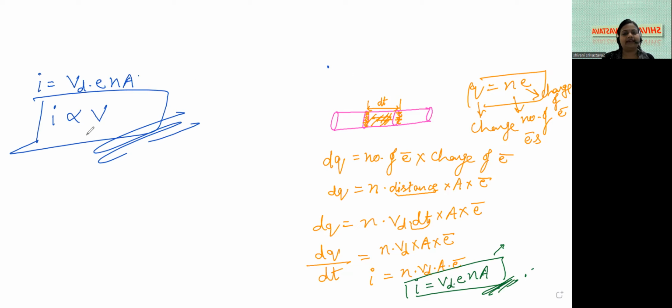So I is directly proportional to voltage, which means current depends on the voltage. How much voltage we take, that much only the current will be. Current is generated because of the movement of the charges, and why are the charges moving? Because the battery is giving energy to the charges. So that much only we need to discuss till now.